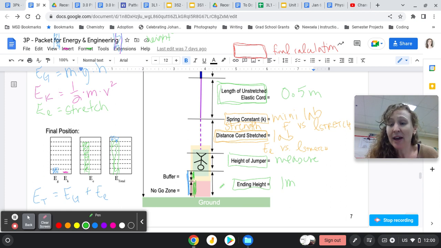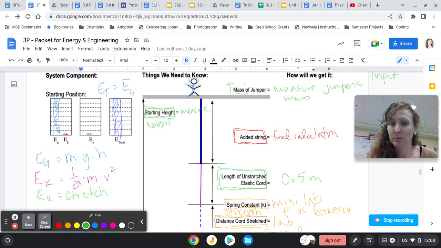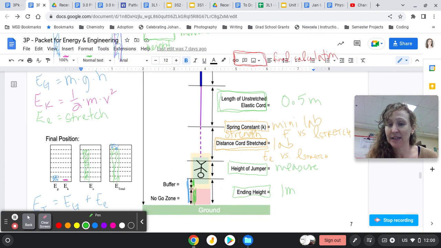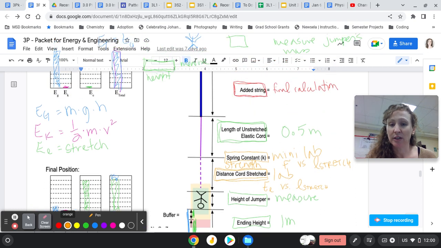Okay, so now we have a plan. We can go and measure all of our green inputs. We can go and find the calculations we need to do and the math models we need to do. And then we can have this final calculation.